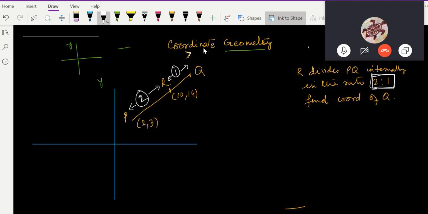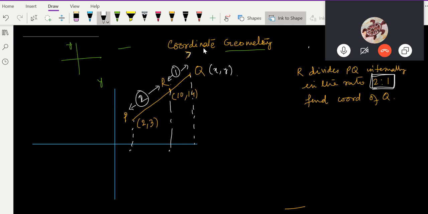Next, we don't know Q, so we'll take Q as x and y. Every time we don't need to extend to both axes, so this time we'll take only x.